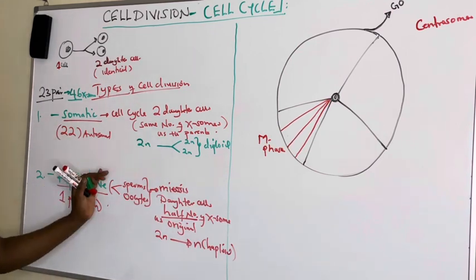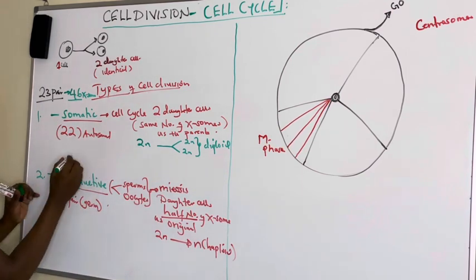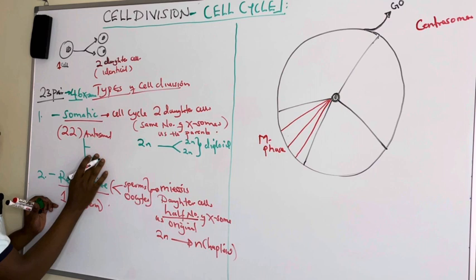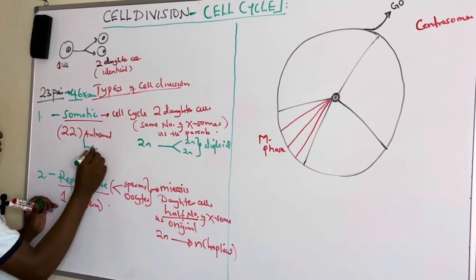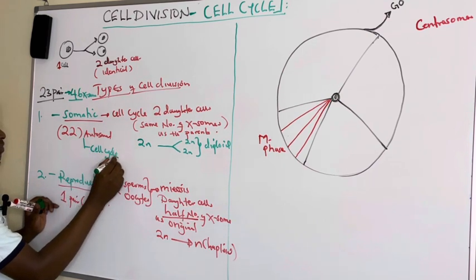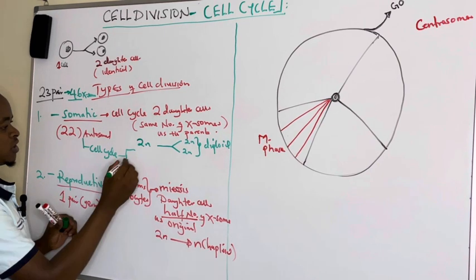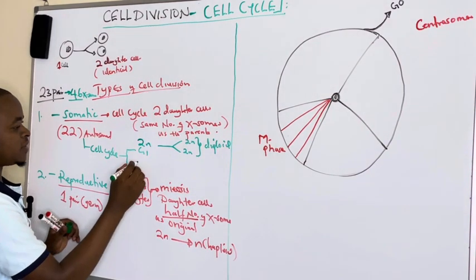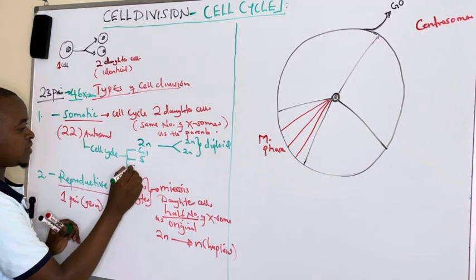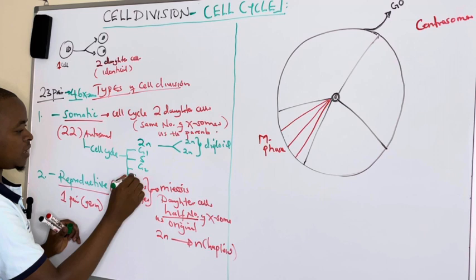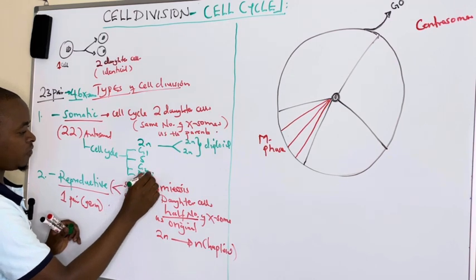And as we continue, we are going to see that somatic cells undergo the cell cycle, and this cell cycle involves phases, whereby we shall see the gap 1 phase, the S phase, that is the synthetic phase, the gap 2 phase, and lastly the M phase.